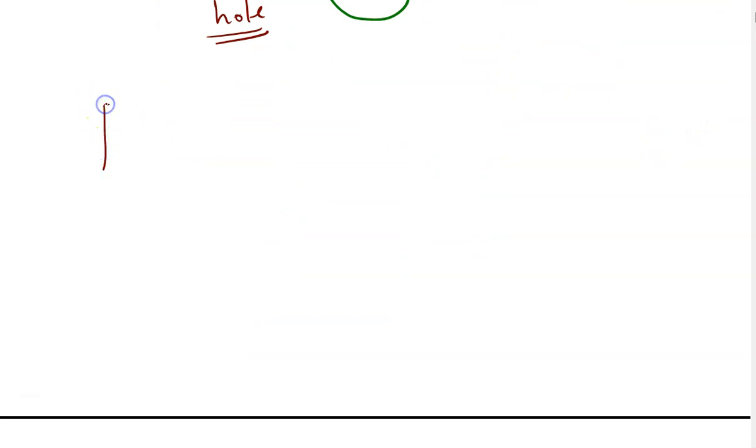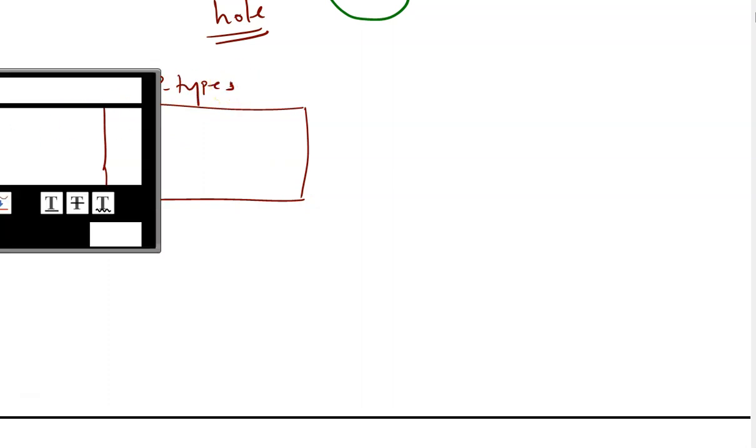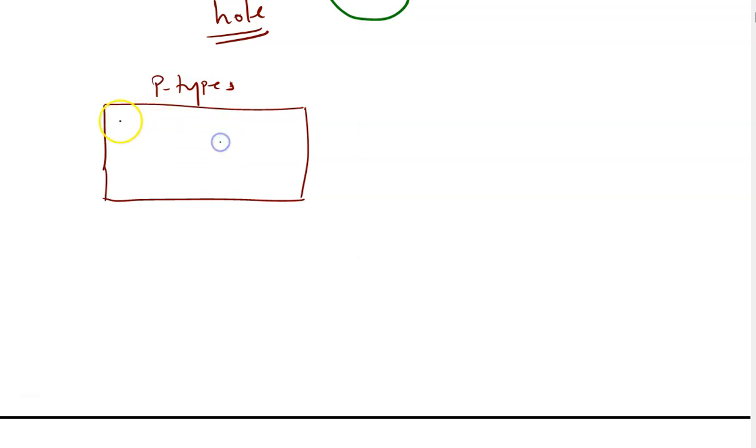So if I should talk about the PN junction, I first have a p-type semiconductor. You get it? I have a p-type semiconductor here, which consists of more holes and few electrons. So they have more holes in the p-type.